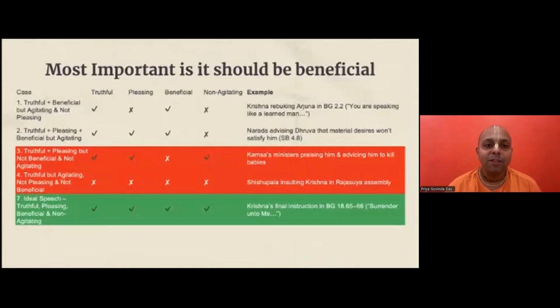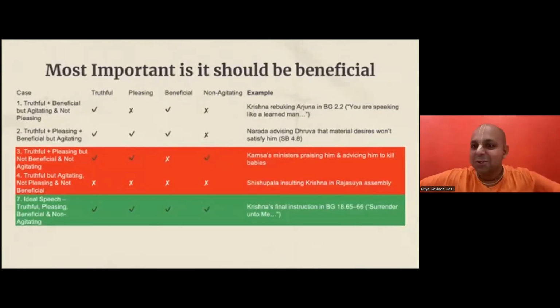And at that time his ministers come in. They tell, Arey Maharaj, you are so great. You have conquered all the asuras, Agasur, Baka. Powerful. And it was pleasing, that yes, I have conquered. And it was non-agitating. But the talk was not at all beneficial.